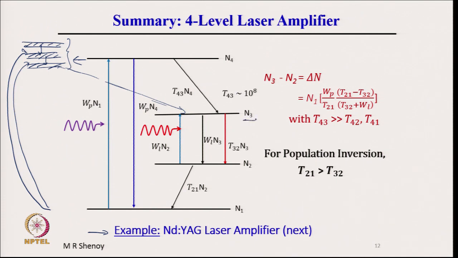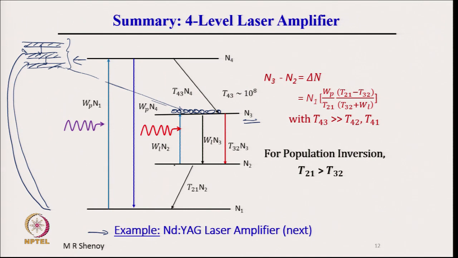This level 3 is a metastable state where the atoms have to accumulate. I am repeating this part in the summary: atoms are excited to an upper state or states, from where they rapidly decay to a lower excited state, and if that state happens to be a metastable state with a long lifetime, then atoms tend to accumulate at that level.